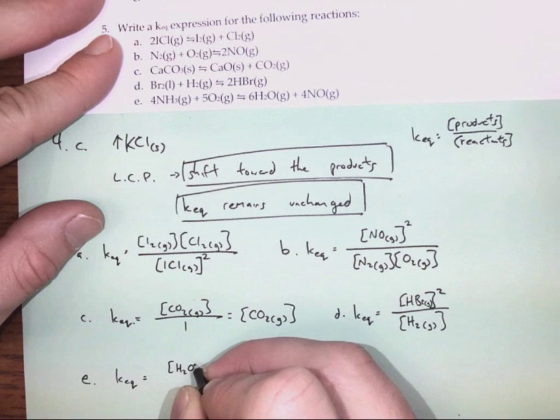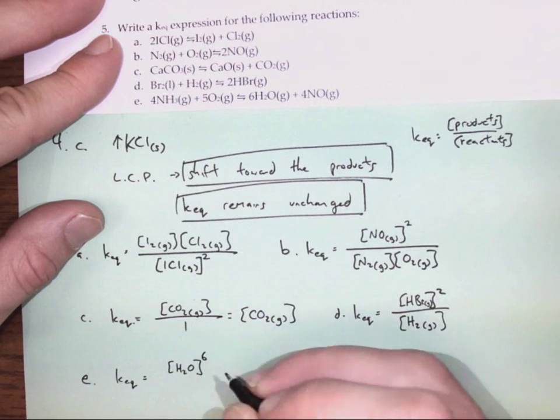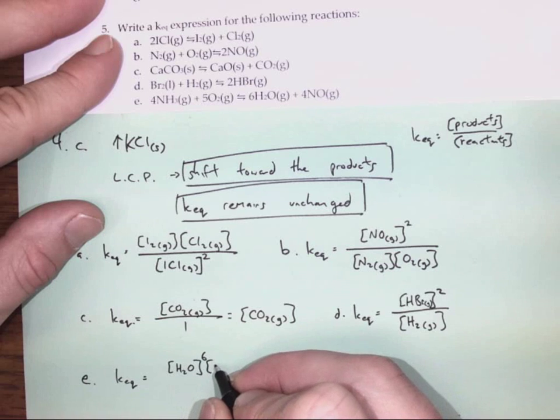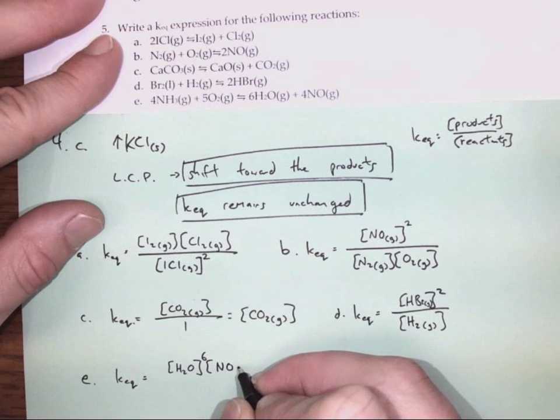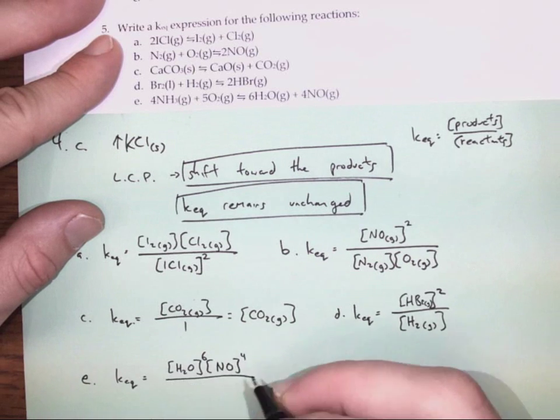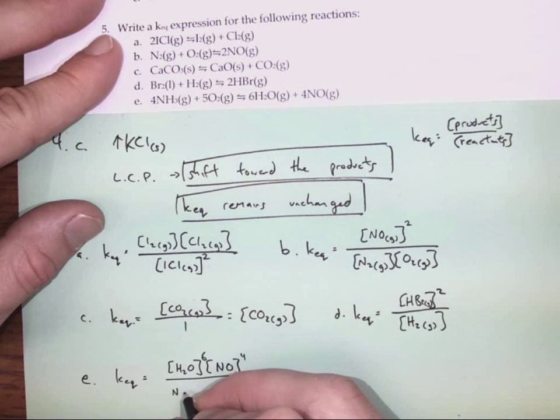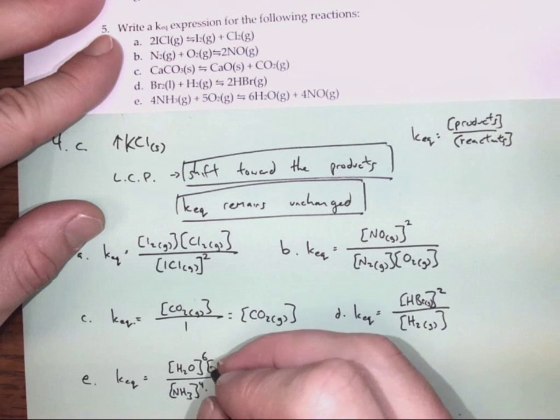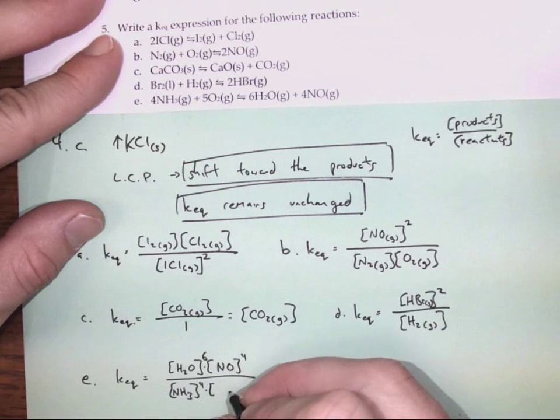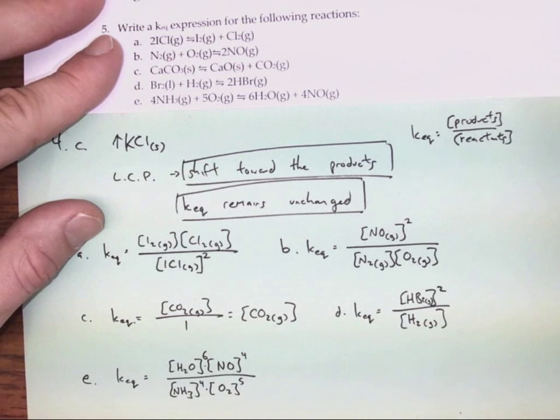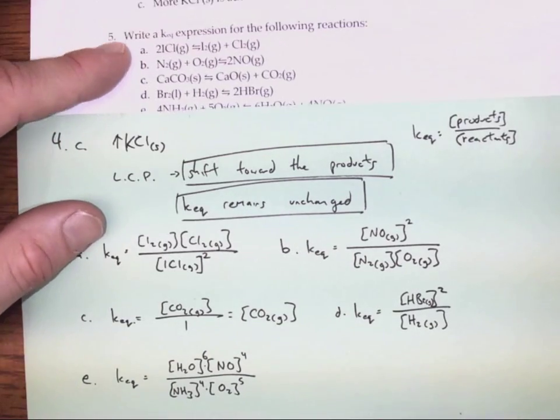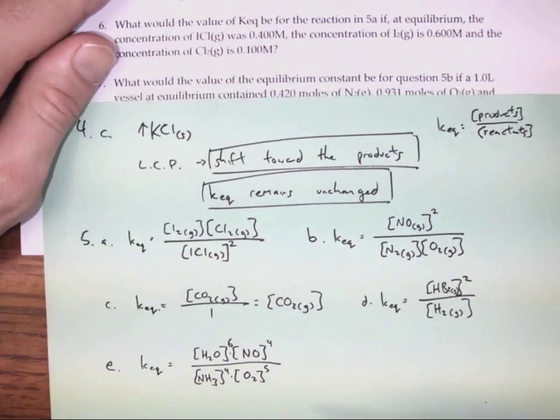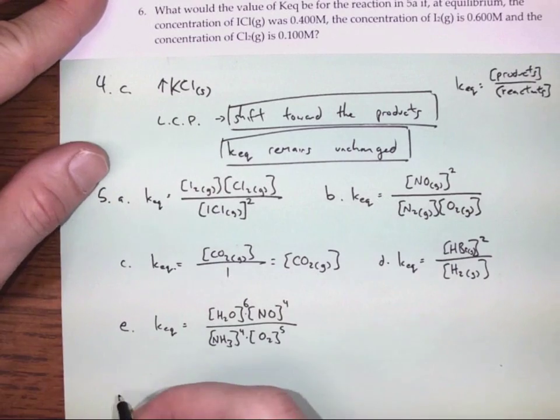We're going to list our products here, raised to an exponent 6, multiplied by our nitrogen monoxide gas, which is raised to an exponent 4, divided by our ammonia raised to an exponent 4, times the concentration of our oxygen raised to an exponent 5. And that one I did skip including the phases. You could have included the phases if you like.